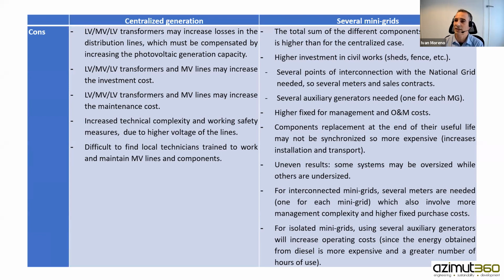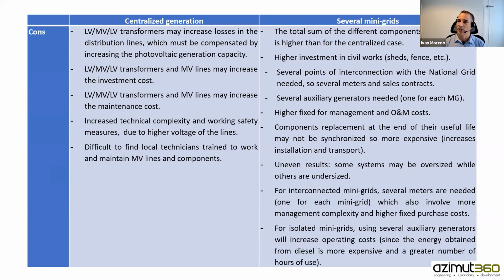Just one installation. Also, we have higher investment in civil works. We need sheds, fences, monitoring, internet connections for each and every point or isolated mini grid. In the centralized model, we have only one part of this civil works, only one installation. So that means easier or less investment in civil works.